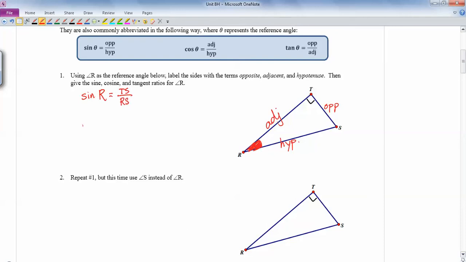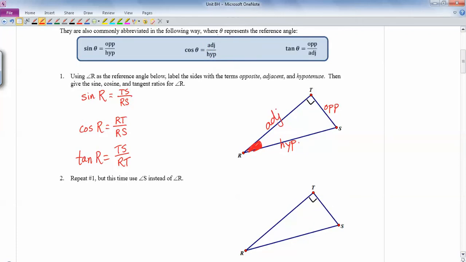Then cosine of R is going to be the adjacent side over the hypotenuse, so that's RT over RS. And then tangent of R is going to be the opposite side over the adjacent side, so TS over RT. Okay, so there's number one.